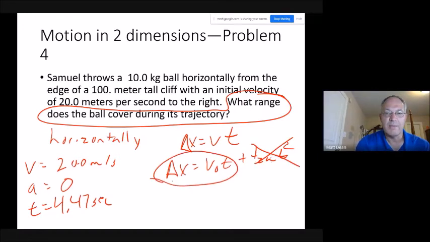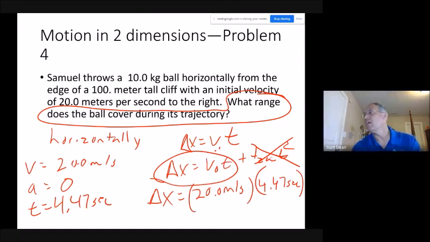So that's how we came up with this equation. So our delta x is equal to our horizontal speed of 20 times our time of 4.47 seconds. Multiply that out, and we end up with a displacement in this case of 89.4 meters.